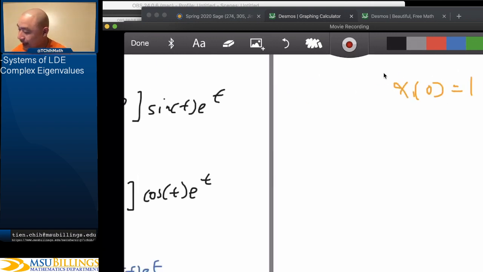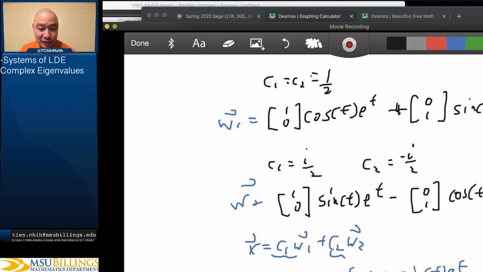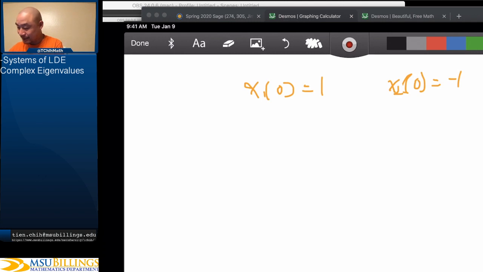Well, if I go back to my previous slide and look at those situations, if I plug in 0 for x1, right, the sine goes to 0, e to the 0 is 1, cosine of 0 is 1. So what I'm really saying is that c1 is 1, right?